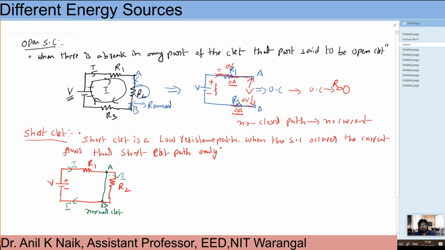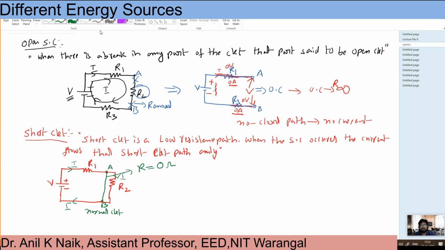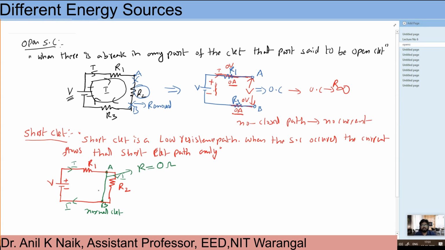Short circuit means we take a wire, and that wire has zero resistance, and it is going to short between these two terminals. Then what could be the scenario? Because now that I've done the short circuit condition, I need to see what my current direction is.